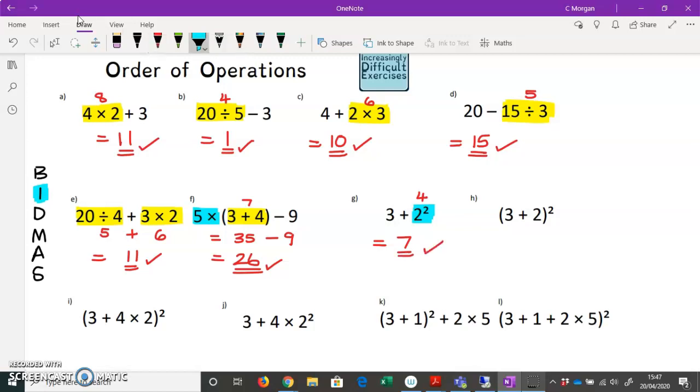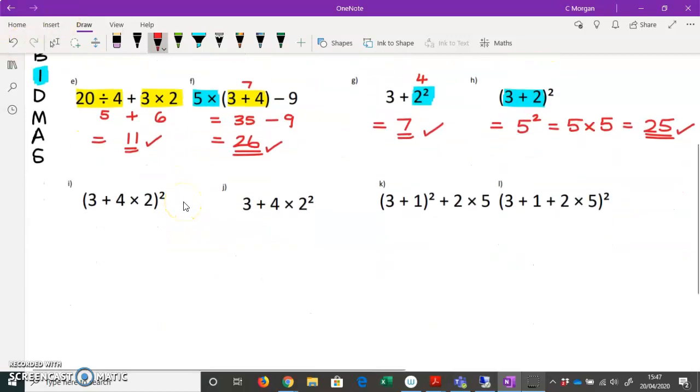I've got to do my brackets first. They always have to be done first before anything else. This means 5 squared. 5 squared means 5 multiplied by 5 is 25. Scrolling down.